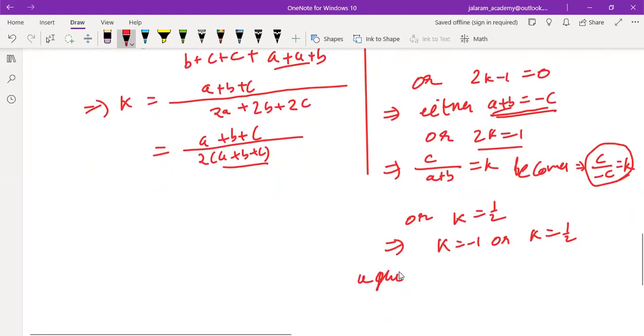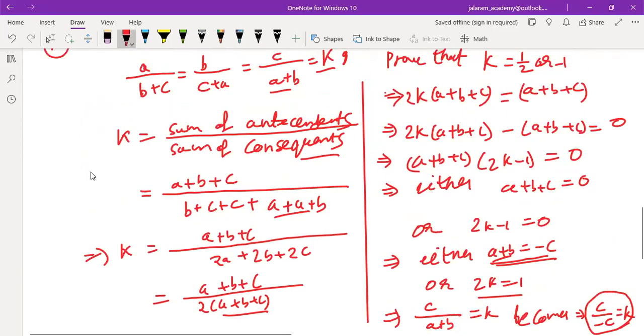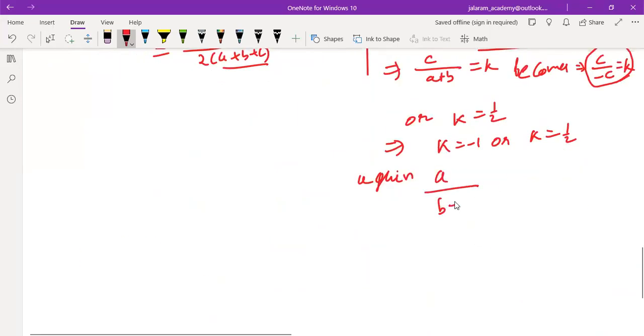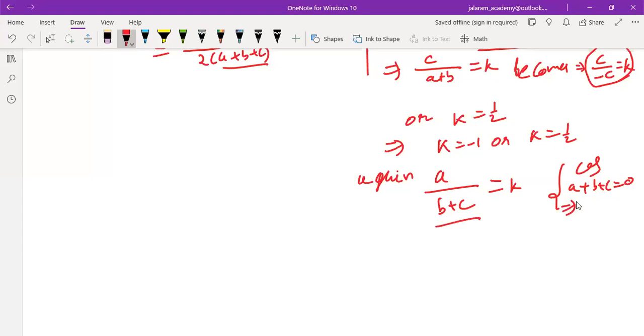Again, if you want to check for the other ratios, like the first ratio, A upon B plus C is also equal to K. As A plus B plus C equals to 0, we can find the denominator B plus C by transferring this A to the other side. So A upon minus A equals to K. It implies K equals to minus 1.